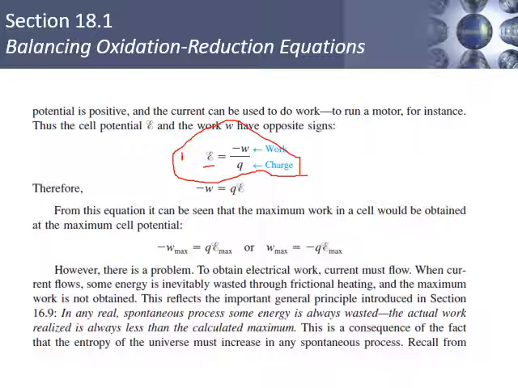We're not really going to worry about this too much, but just notice the difference here. If you take the amount of work you actually get out of a current or a circuit and divide it by how much you would have gotten in a perfect circuit, that's called the efficiency.